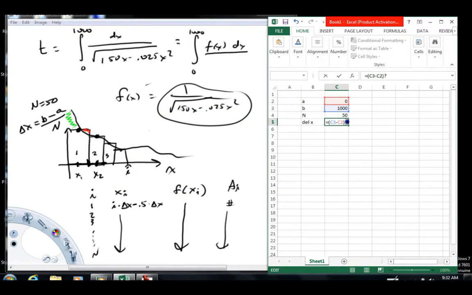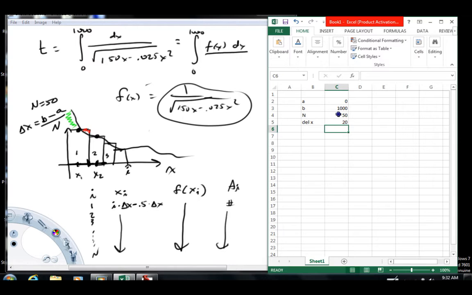I'm going to start this over. Delta x equals b minus a. Notice that I'm clicking in the cells rather than typing a and b. Now I need this to divide. What's going on here? Oh, there we go, I was hitting shift. Now I want it to divide by n, by that cell right there. I'm going to hit enter.